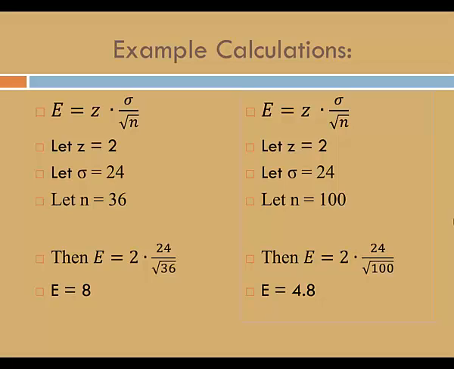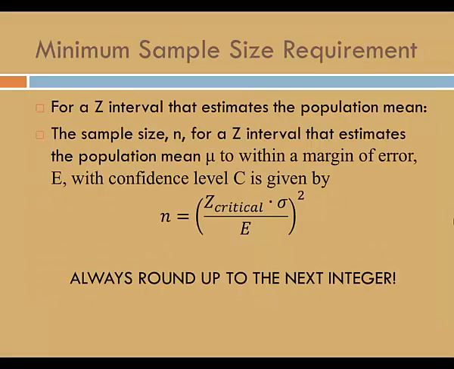What if you had a particular goal for margin of error, say 5? What's the appropriate sample size? To answer this question, we need to calculate the minimum sample size requirement. Let's consider a z-interval that estimates the population mean.